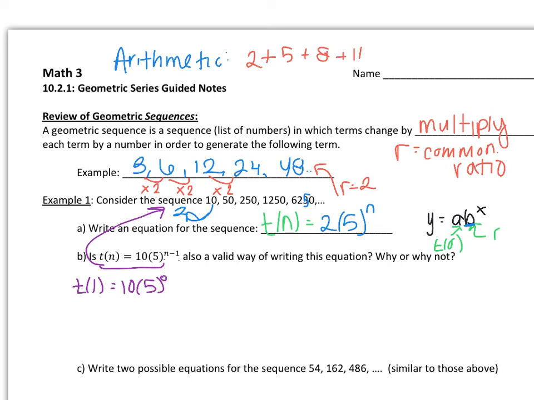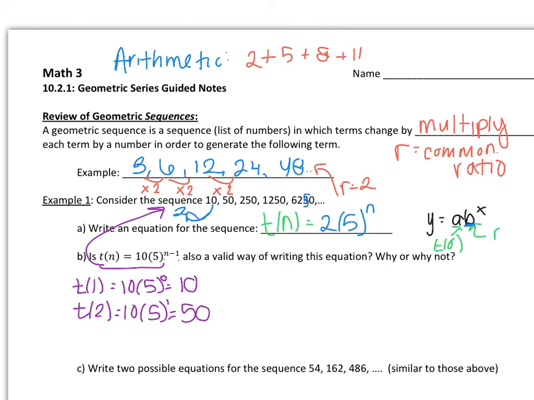Well, anything raised to the 0 is just 1, so this simply equals 10, which is our first term, so that lines up. I could try this a couple times just to make sure. So t of 2 would be 10 times 5 raised to the 2 minus 1, which would just be 5 to the first, which is 10 times 5, which is 50.